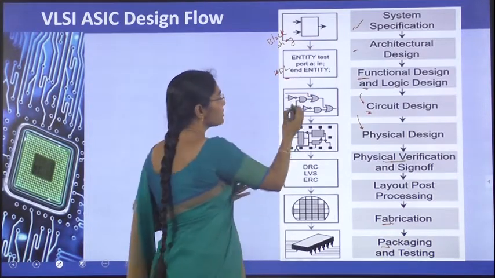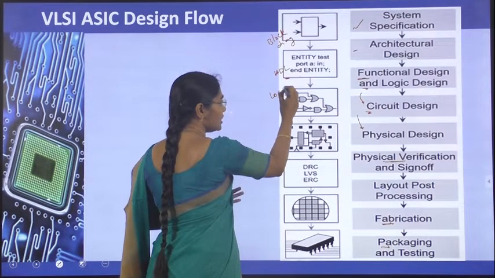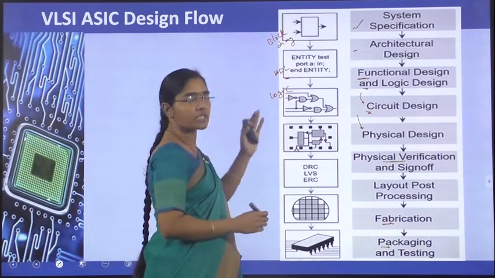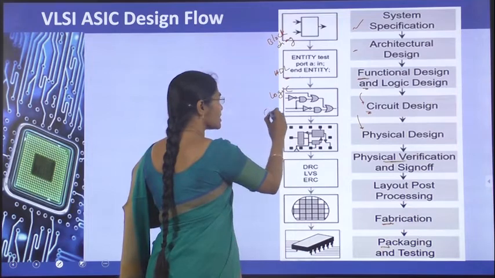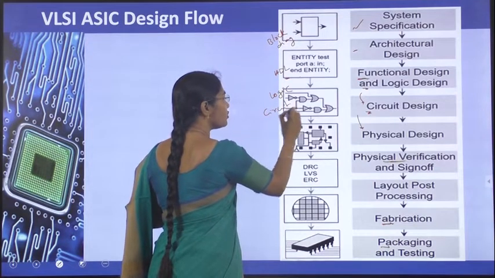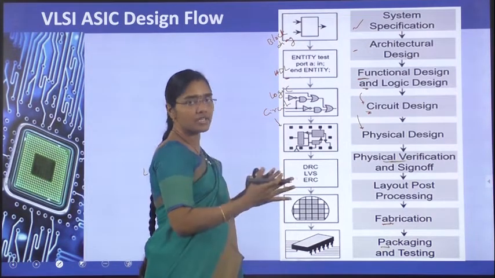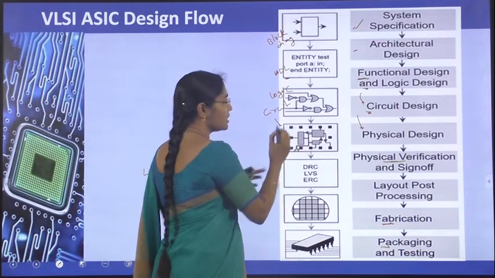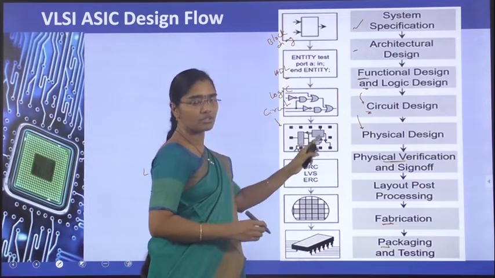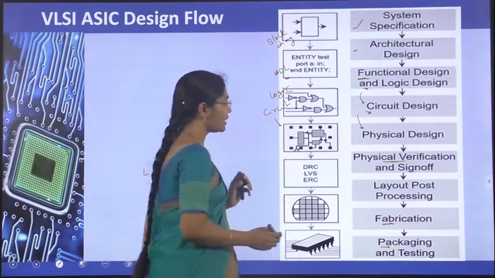Then that will be converted into logic design. Then that logic design will be converted into circuit design. Then that circuit design will go to the physical design. In that physical design, placement, floor planning and routing will all be taken care of.